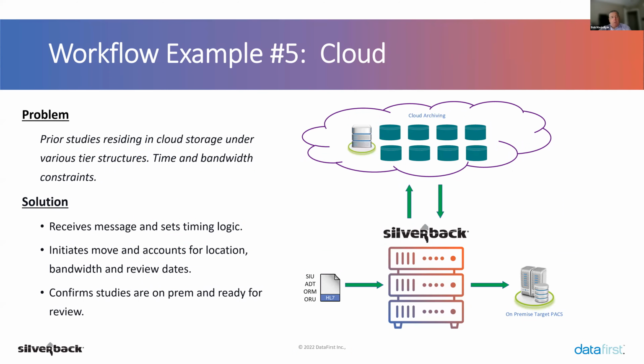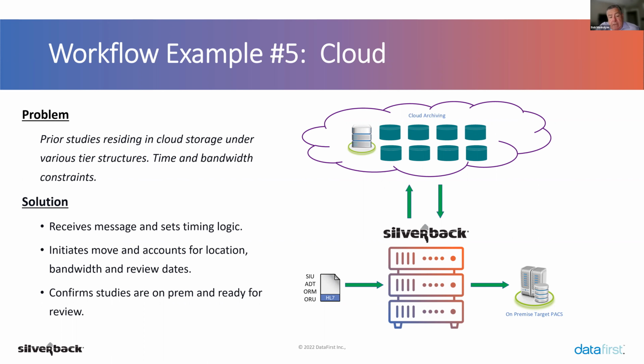All right, so the workflow example that we're showing here is that the prior studies reside in the cloud. And why you see all those little disks up top there in the cloud is, what we know is there are various storage tiers in the cloud as well.